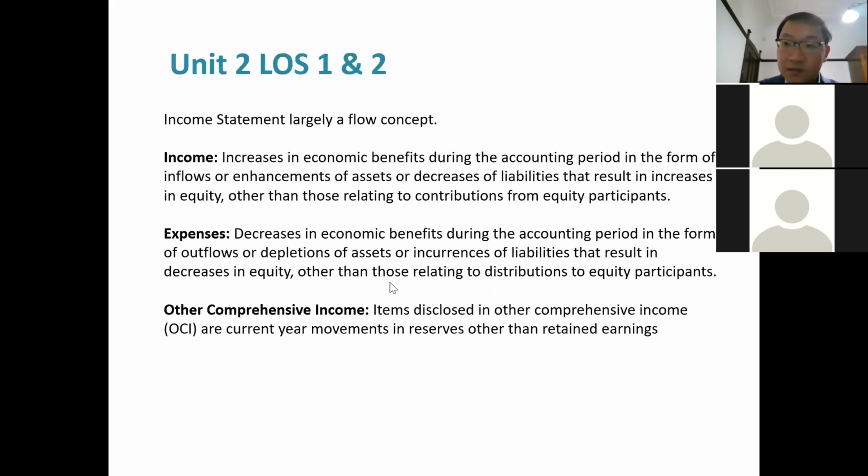Now, the key elements in the P&L include income and expenses, but I want to focus in particular on this component known as other comprehensive income, or OCI. OCI are simply changes in a reserve account that either behave in the same way as income or as expenses.